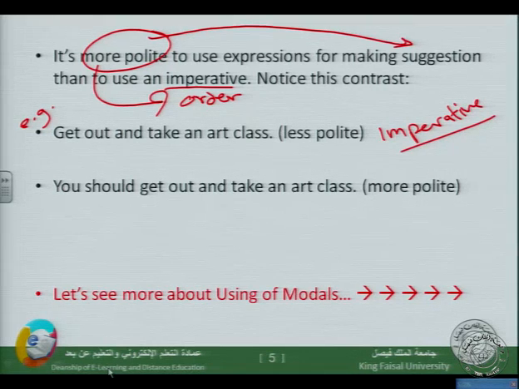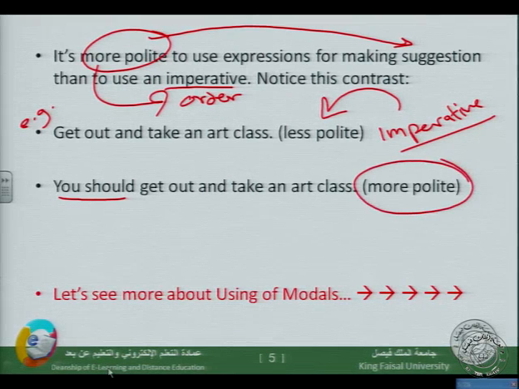When you speak to someone, it's better not to use imperatives. ليش؟ لأنه imperative is less polite. مش مهذب كثيرا. لكن you should say, just you should add this one. You should get out and take an art class. لاحظوا, this one is more polite.